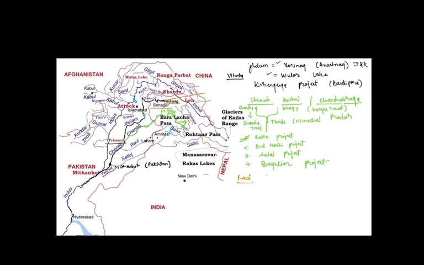Other names for Ravi are Parushni and Iravati. So Ravi is originating from the Kulu Hills.